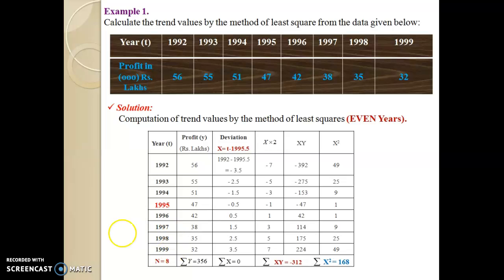The mid-year, that is 1995.5, is the midpoint from which the deviation is taken. How to calculate? 1992 minus 1995.5, we obtain the value of deviation, that is minus 3.5.